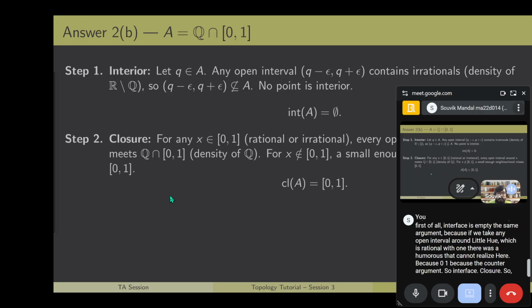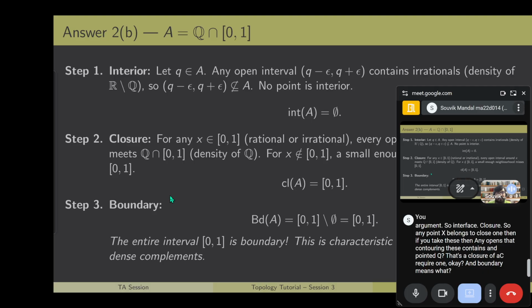Closure: any point x belonging to [0, 1], any open set containing it contains a point in Q, so the closure of A is [0, 1]. And boundary means closure minus interior, so [0, 1] minus empty set. That means the entire [0, 1] is the boundary. This is the characteristic of dense sets with dense complements. That's what the argument is. So that's clear, I hope.